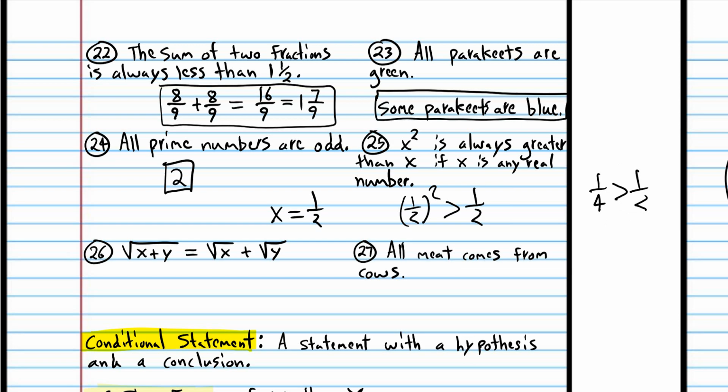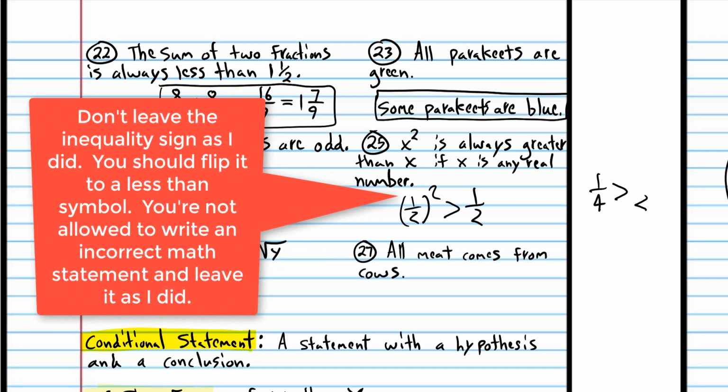So that was an example where it didn't work. In case you're wondering what a real number is, all the numbers that we've worked with so far are real numbers. So this is a counterexample to that when you use a fraction.